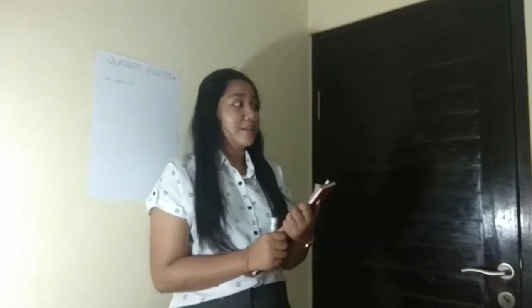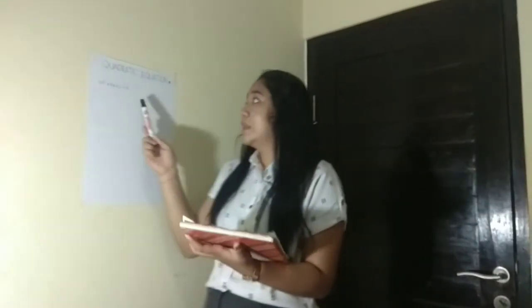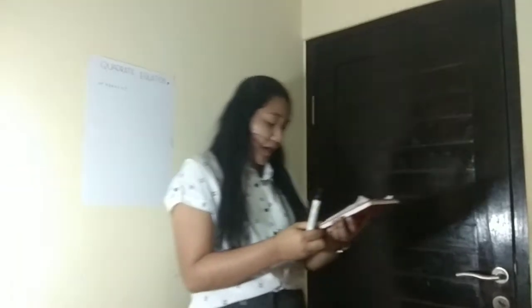Okay, let's start the lesson now. Today we will learn about quadratic equations. Please open your book at page 77. Okay, let's begin. A quadratic equation is an equation of second degree, meaning it contains at least one term that is squared.